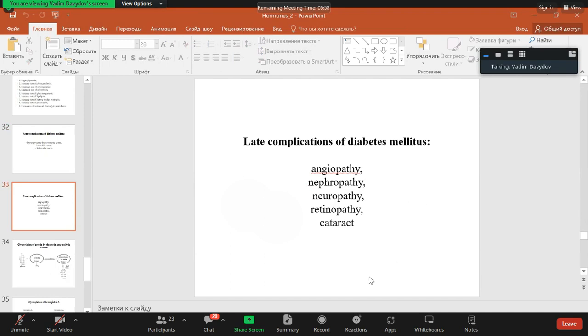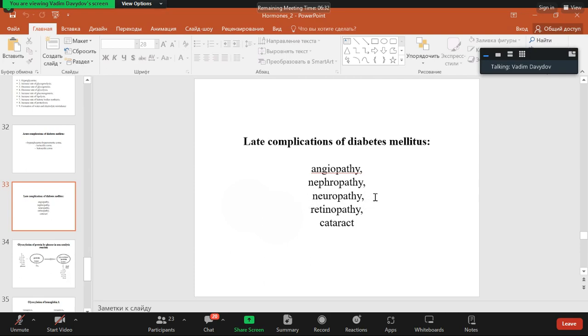As late complications of diabetes mellitus, injury of different organs and tissues may appear, resulting from angiopathy, microangiopathy. It may be nephropathy, coupled with injury of the kidney.